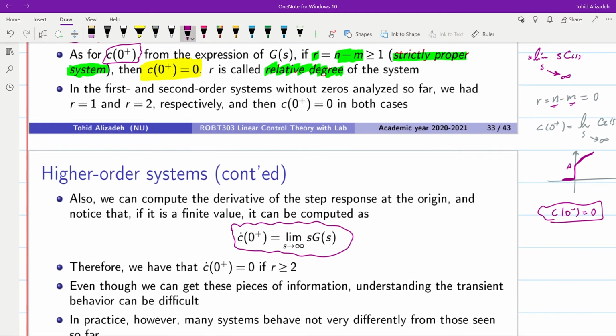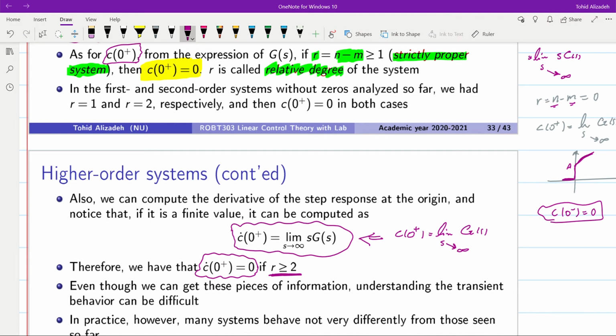We know that c at 0 plus is equal to this limit, so c dot at 0 plus will be equal to the same limit multiplied by s. And therefore, we will have a feeling of how the step response will behave right at the beginning at 0 plus. Keep in mind that if r is bigger than or equal to 2, and this applies to strictly proper systems, obviously, then c dot at 0 plus will be equal to 0.